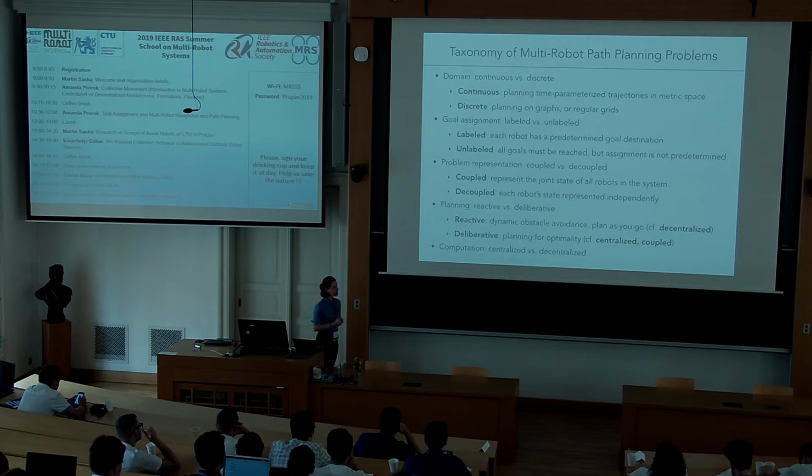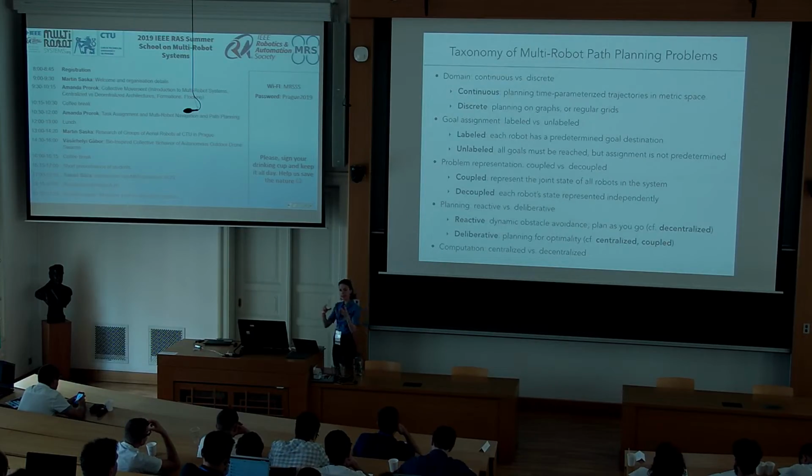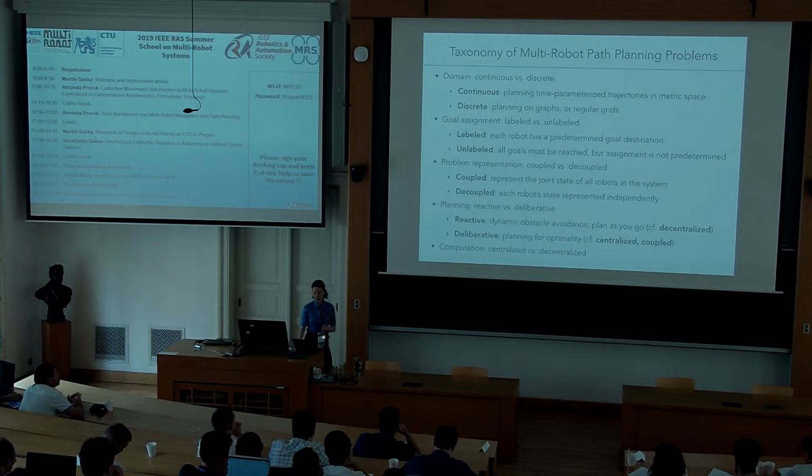And typically, these methods can only be solved through centralized and coupled mechanisms, whereas if we're looking at reactive planning algorithms, we can easily implement reactive mechanisms through decentralized architectures. And so this is how all these different terms you've been learning about start coming together. And finally, the computation itself can be performed in a centralized manner or in a decentralized manner with respect to any of these other methods that we looked at.